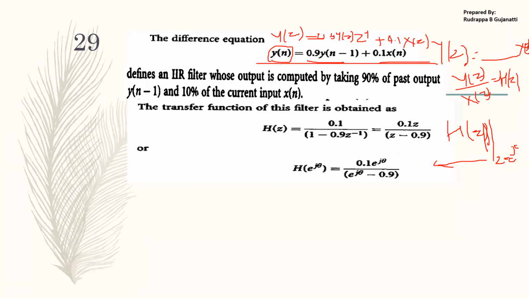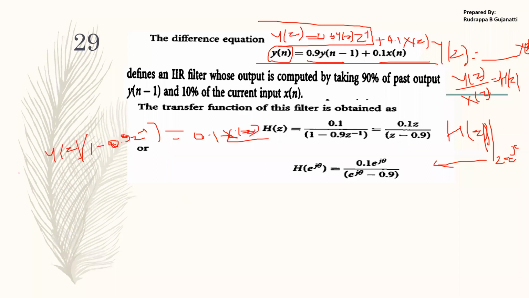So when I solve this equation, I take 0.9 Y of z into z raised to minus 1 to this side, so it will be Y of z into 1 minus 0.9 z inverse, and at the other end I have 0.1 times X of z.